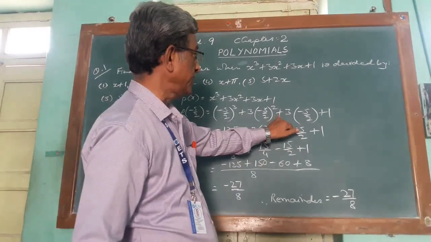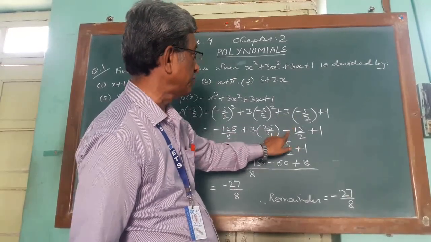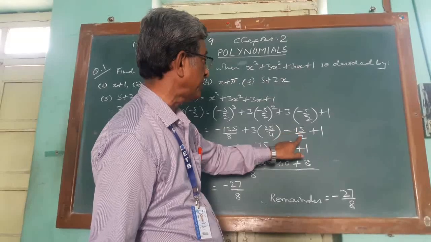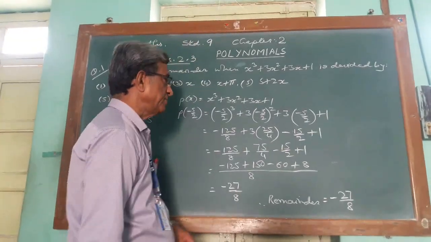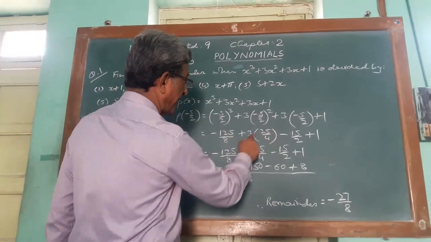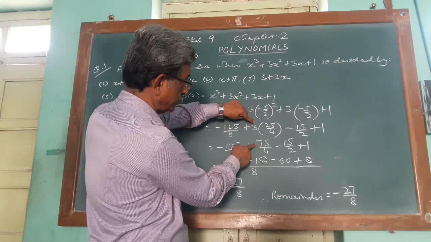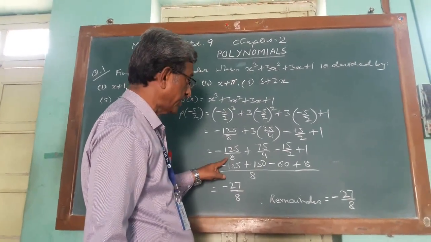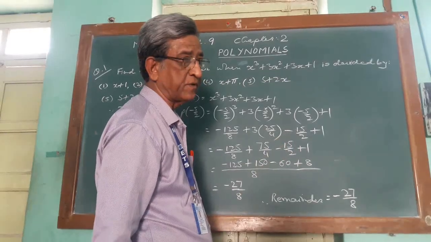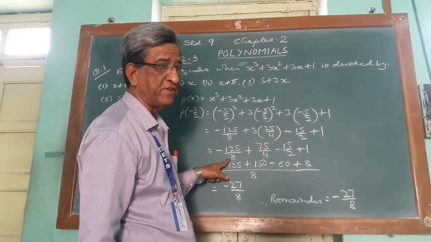Plus into minus gives you minus. 3 fives are 15 upon 2 plus 1. Now again simplify. 25 into 3 gives you 75. So you got different denominators, 8, 4, 2. Take LCM as 8.